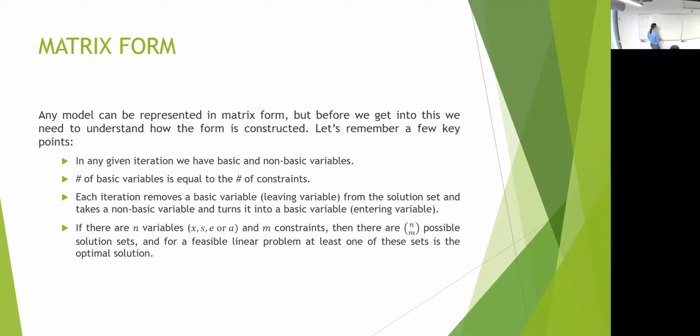So we have 2 different variables over here, and then we have s1 and s2 for those 2, x1 and x2 for those 2. We have a total of 4 possible variables that can be either basic or non-basic. We have only 2 constraints.